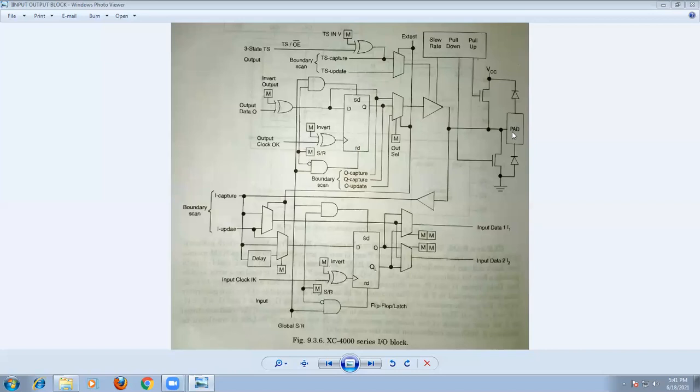To use this cell as an input, we have the tri-state buffer here, which should be in the high impedance state. Whenever we use this as an input, it behaves like an input pin, and the buffer is always in the high impedance state.